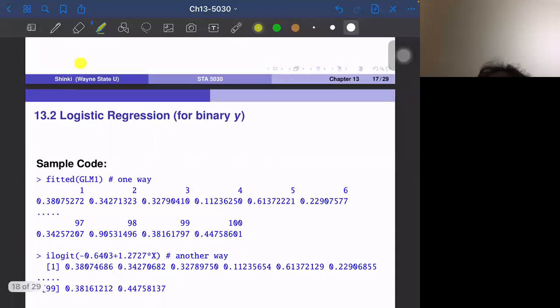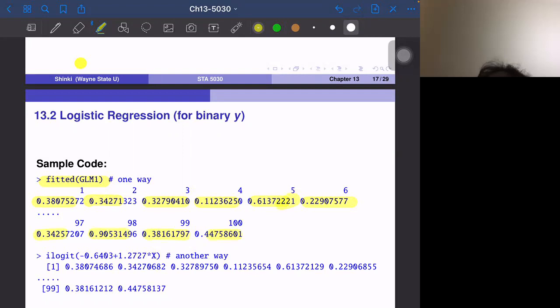In the previous example of 100 observations, the fitted values are here. Remember that the first 50 observations are observations with y equal to 0, and the last 50 observations are with y equal to 1. For the first 50 observations, the probabilities are mostly less than 50%, sometimes more than 50%.